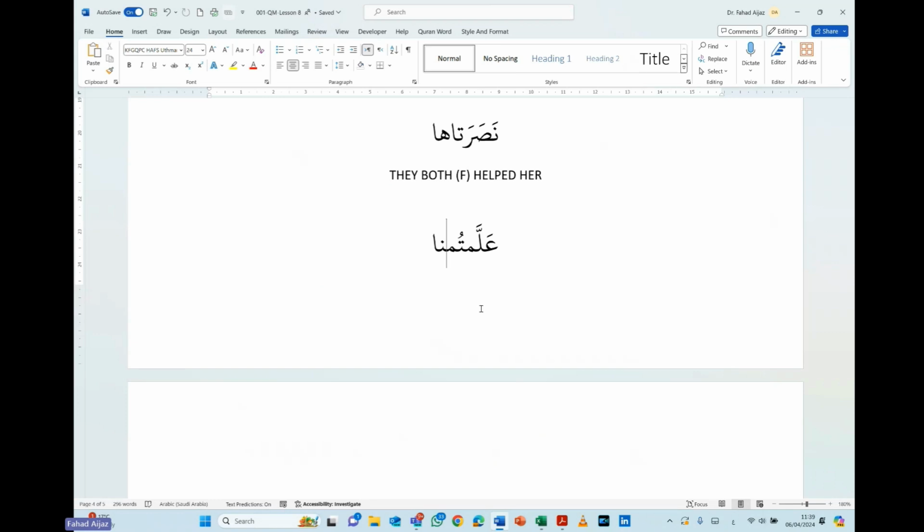So allamtumna is actually giving you a kind of hiccup after the meem. Allamtumna. So the flow is not smooth. So what Arabs do is, when you have the antum form of the pronoun of the fi'l, and you have to attach an attached pronoun, they put a waw in the middle just to smooth it out.